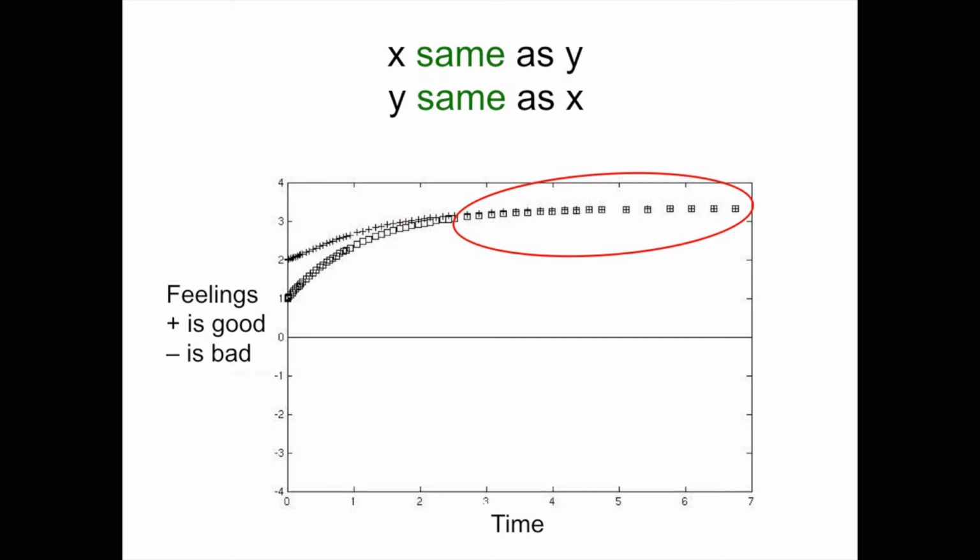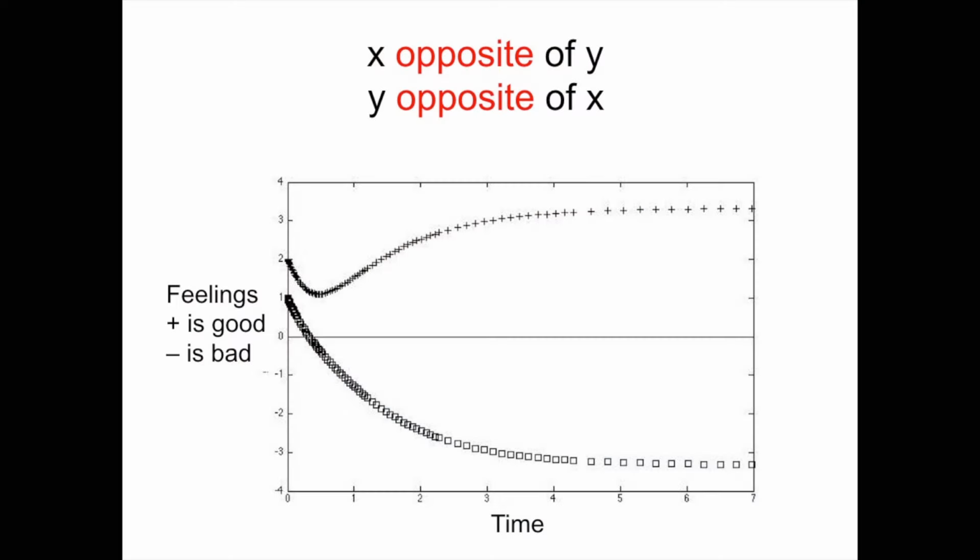In this case, both of them wind up being happy, which seems reasonable. But if they're doing the opposite of each other, in this case, the boss starts off being a little happier, and the boss winds up being happy, which makes the employee unhappy, and vice versa. And this is also pretty obvious.